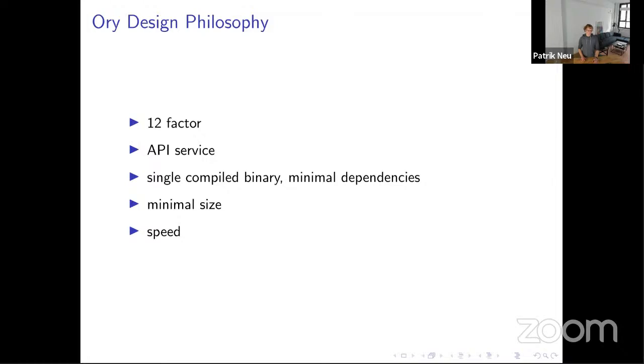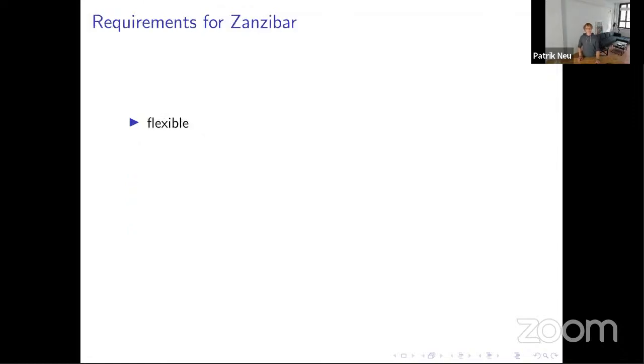Right, so now I want to give you a short introduction to Zanzibar, as not everyone might be familiar with all the details. So Zanzibar is a project by Google, or a paper by Google. They published it in 2019. It's a paper about their internal authorization service.